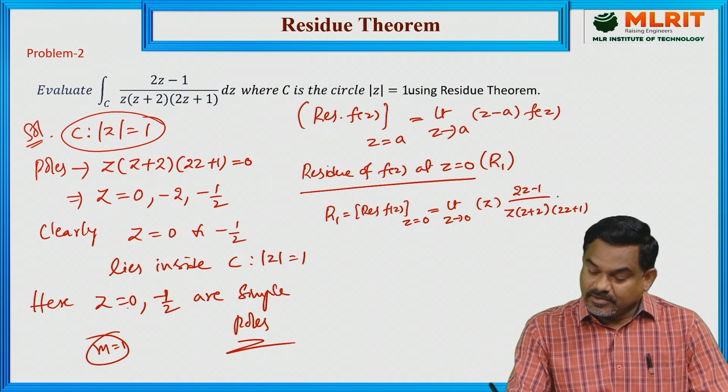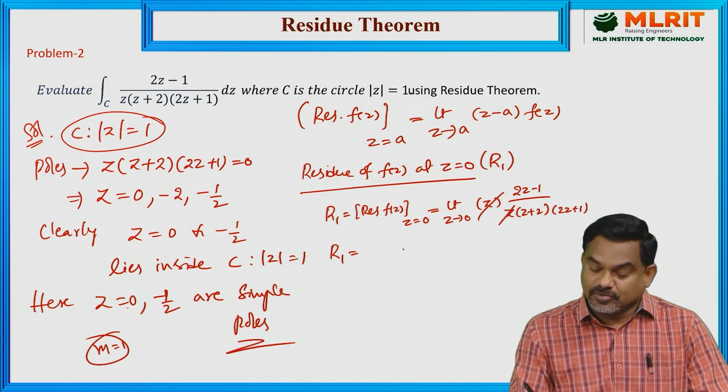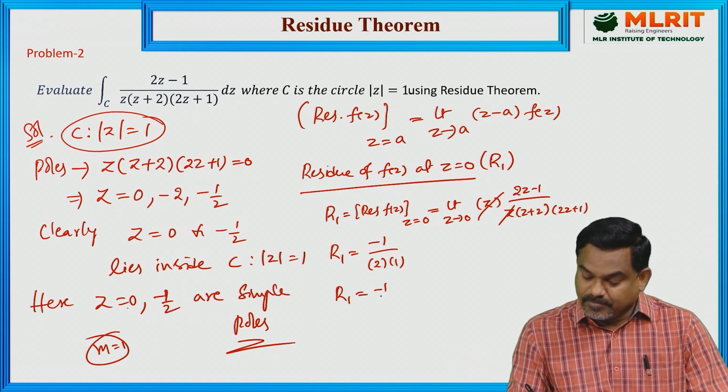So here z and z cancel. So R1 equals, now apply the limit as z tends to 0, minus 1 by 2 into 1. So R1 is minus 1 by 2.